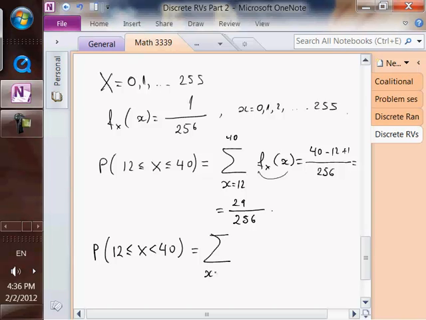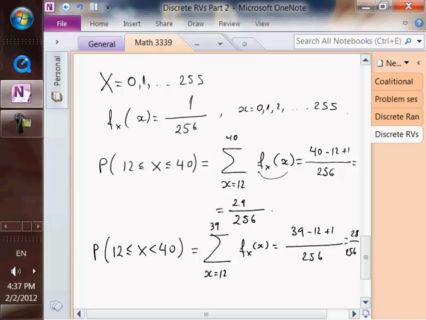So that forces us to stop at 39. And this again would be 39 minus 12 plus 1 divided by 256. So that would be 28 minus 2 divided by 256.